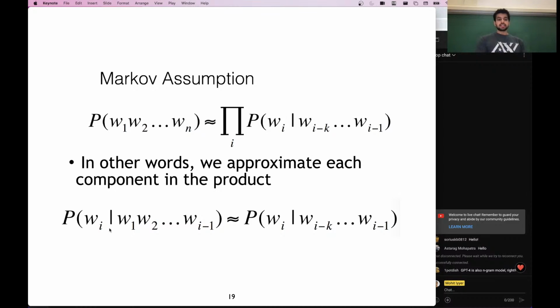And so what really should happen is the probability of word sub i should be conditioned on all of the previous words. But instead, we're making it the probability of word sub i conditioned on the previous k words here. So this is a very restrictive assumption, but it does enable us to at least alleviate some of the sparsity issues that occur if we are using this count and divide approach for estimating these probabilities.